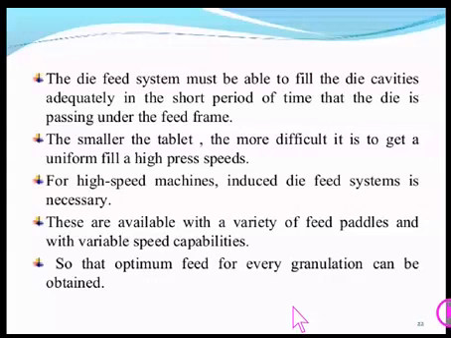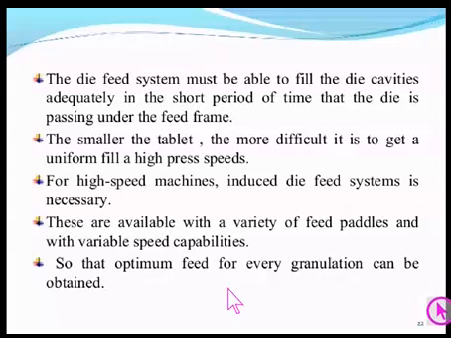Then for high speed machines, an induced die feed system is necessary. For the high speed machines, we have to use the induced die feed system, and these are available with a variety of feed paddles and with variable speed capabilities, so that the optimum feed for every granulation can be obtained.